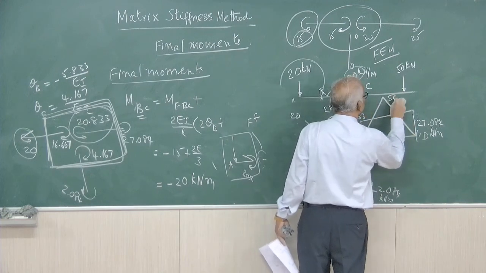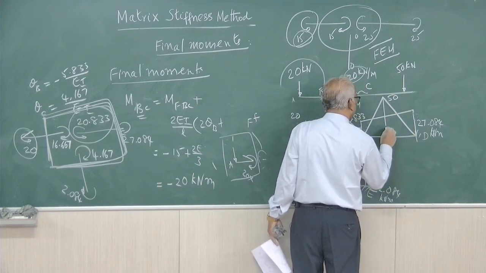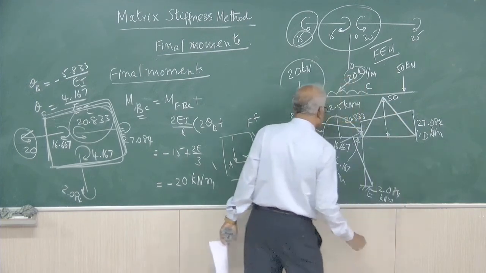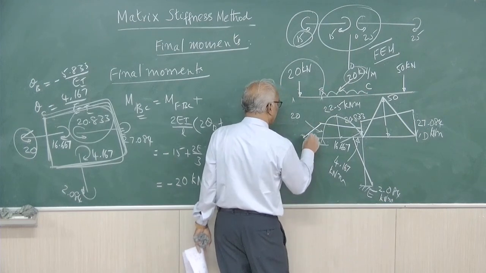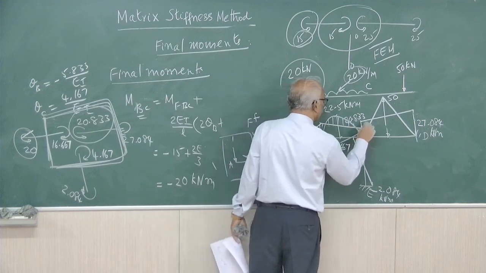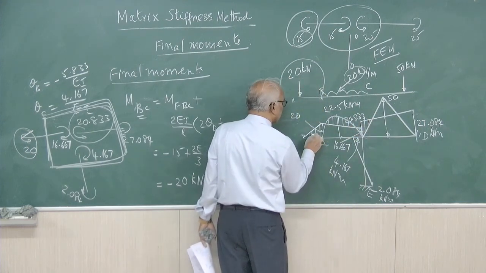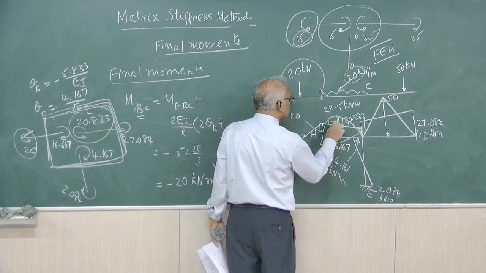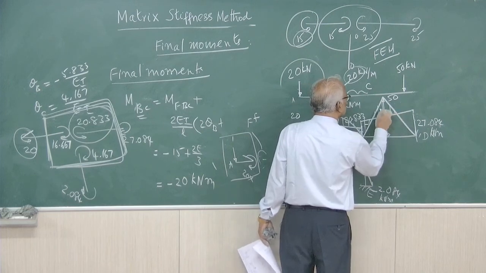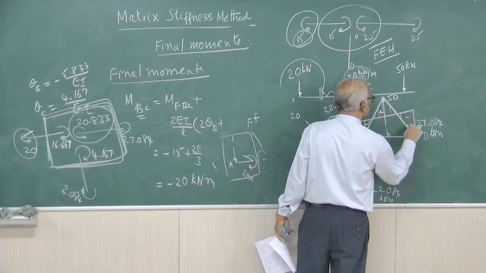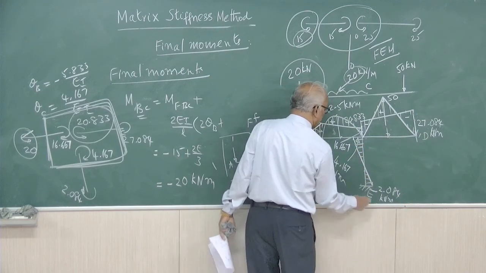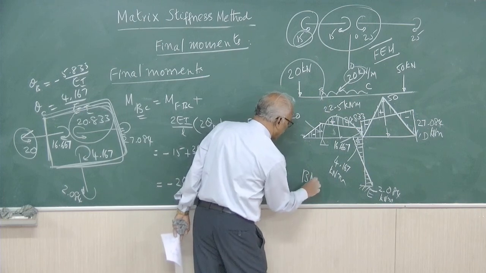This value is 50, and we have to subtract the negative value for getting the net positive value. That calculation we can skip, because we have done a number of problems, therefore, the viewers will not find it difficult. This is minus, this is plus, this is minus, and this is plus, and this is minus. Other calculations the viewers can easily complete. So, this is the bending moment diagram.